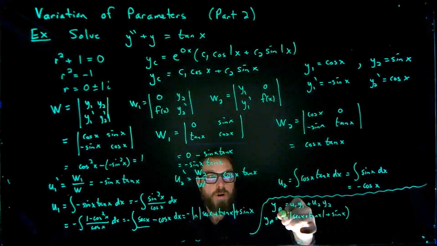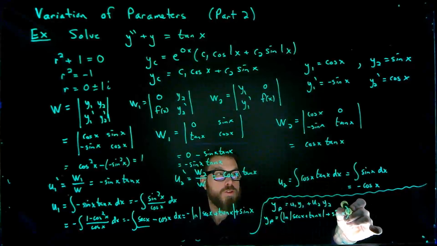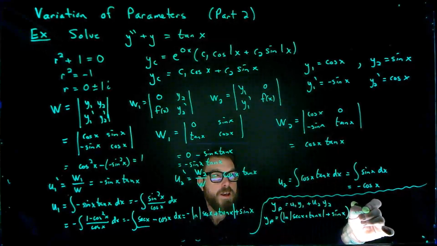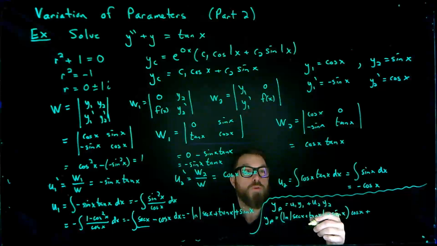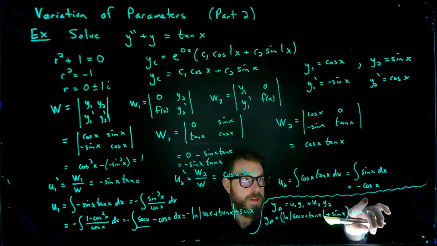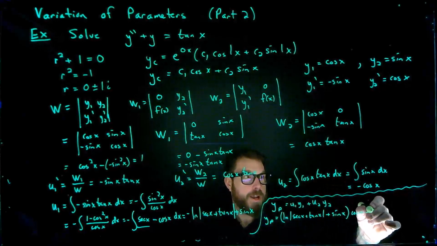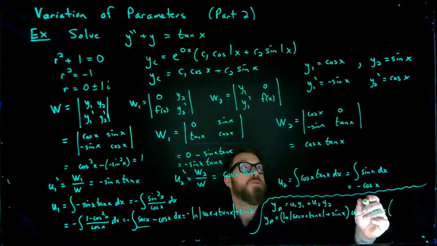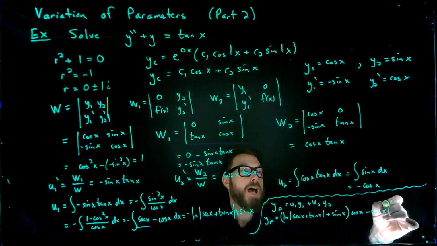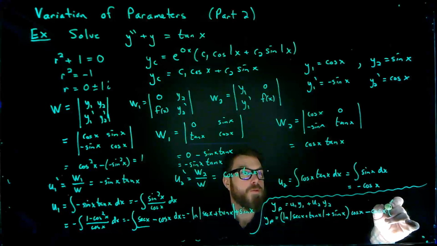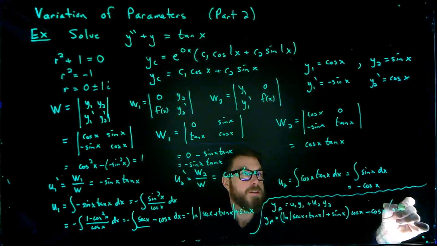Now remember, this is all times our y1, which is going to be the cosine of x, plus our u2 times y2. So minus the cosine of x times y2, which is going to be equal to the sine of x.